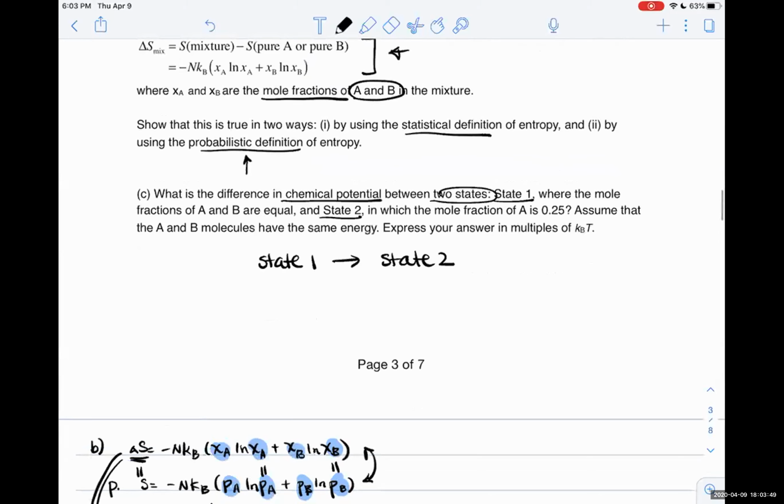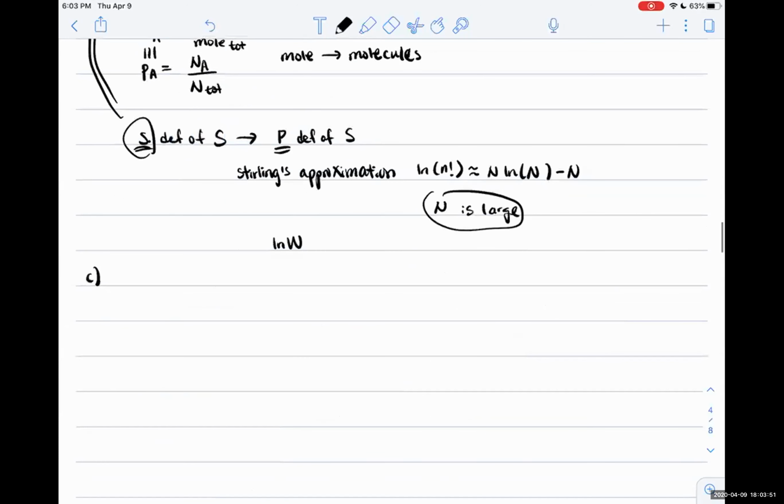So we are trying to find the difference. So it will be delta mu, and then it is mu final minus mu initial. And then because we are moving from state 1 to state 2, it will be mu 2 minus mu 1.